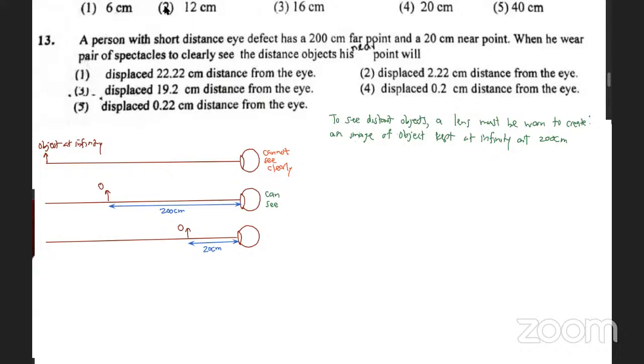Therefore, let's draw that remedy. What lens is he going to wear? We can figure out the lens he is going to wear.